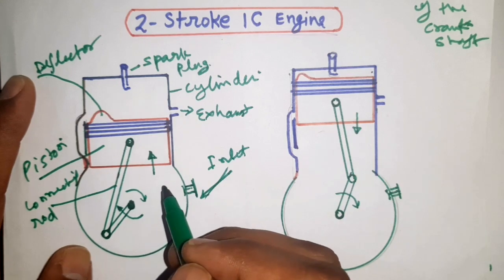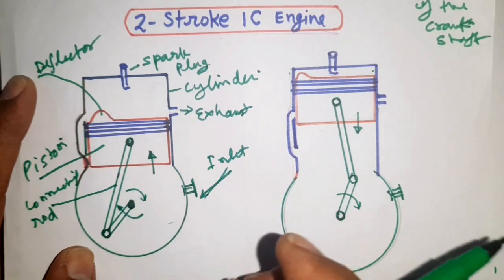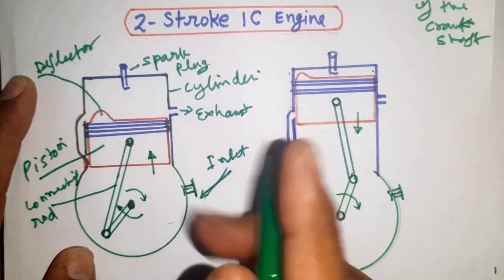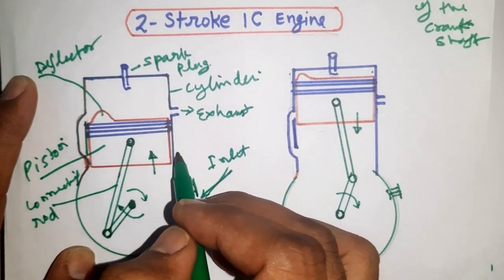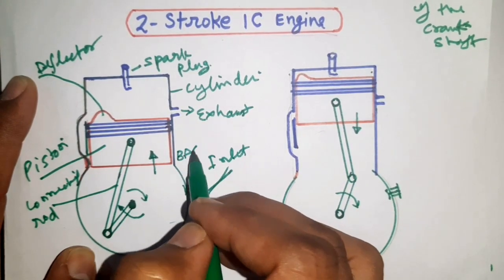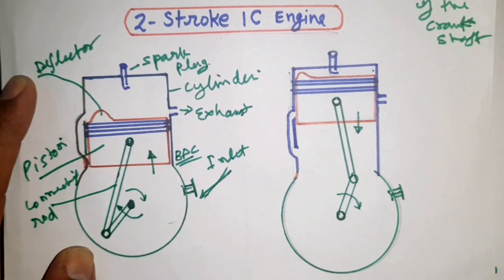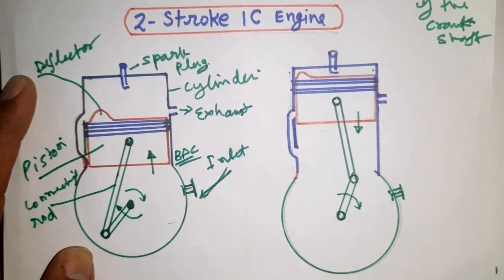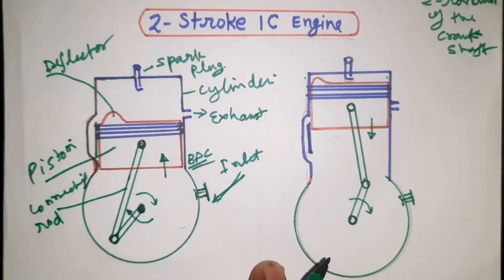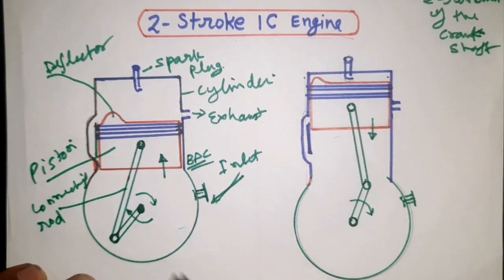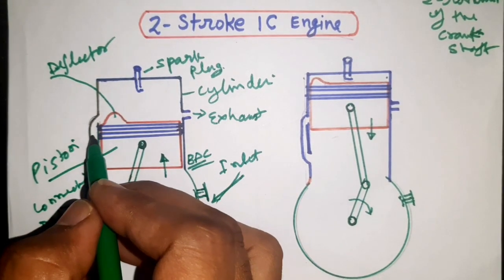Now you can see that at the initial stage you can imagine this piston is at BDC. In this figure you can see the transfer port.